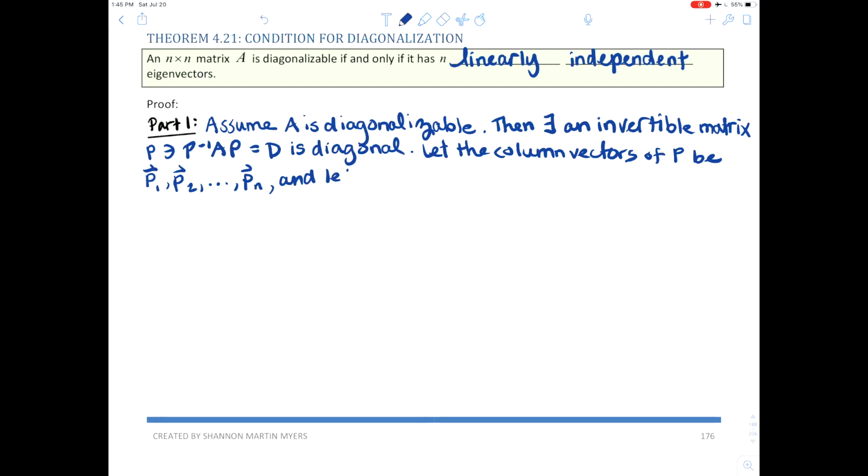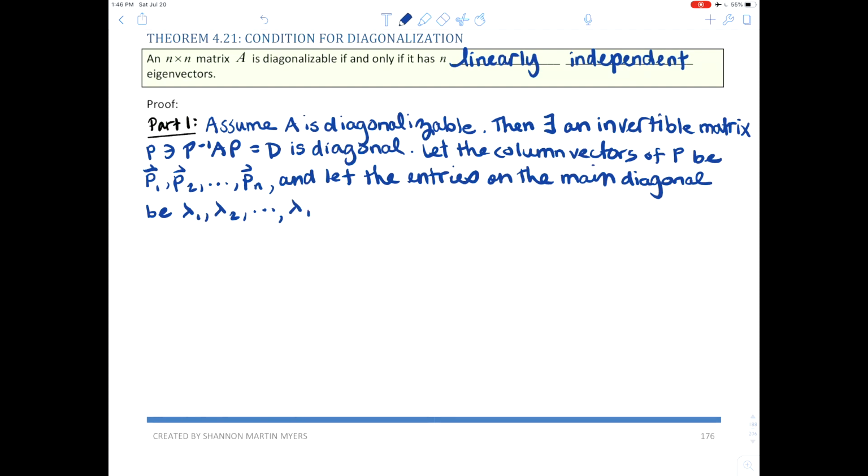So we'll let the entries on the main diagonal be lambda 1, lambda 2, all the way down to lambda n. Cool so far?